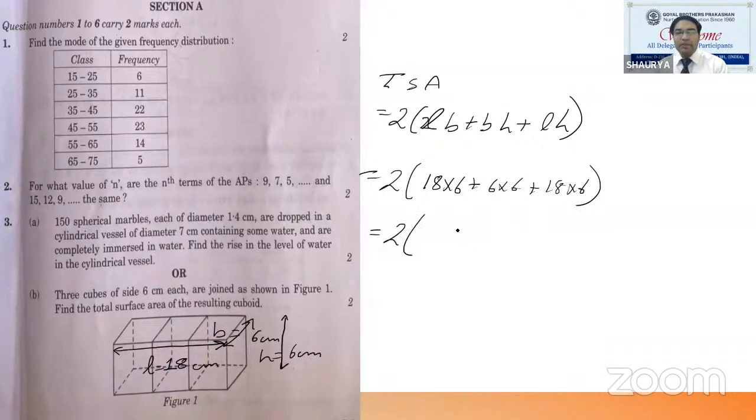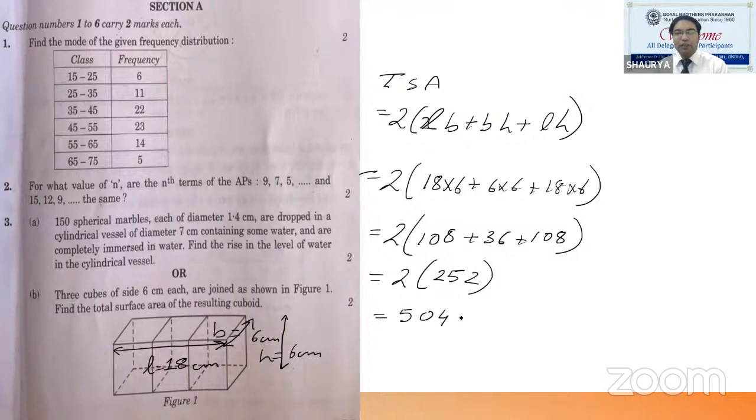So it's 2 times 108 plus 36 plus 108, which would give me 108 2s are 216 plus 36 is 252. Multiplied by 2 will give me 504 centimeter square is the complete surface area of this shape we have here. So the answer is 504 centimeter square.